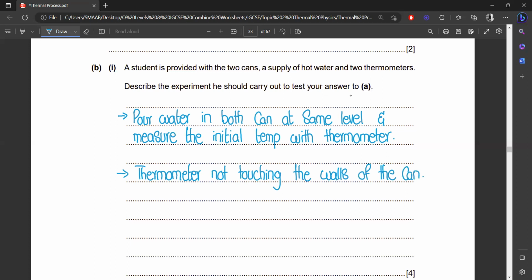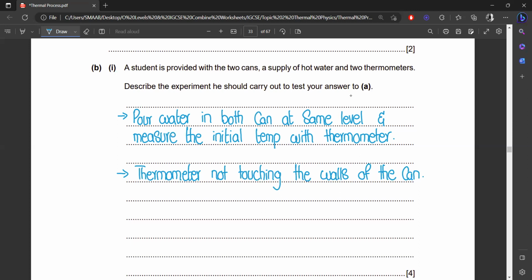And after some time, we have to record the change also, right? Because we do not have a stopwatch, otherwise we would record at equal time intervals. But after some time, roughly estimated, we again record the temperature, so that will give us the change in temperature, showing which can is now at low temperature and which can is at high temperature.